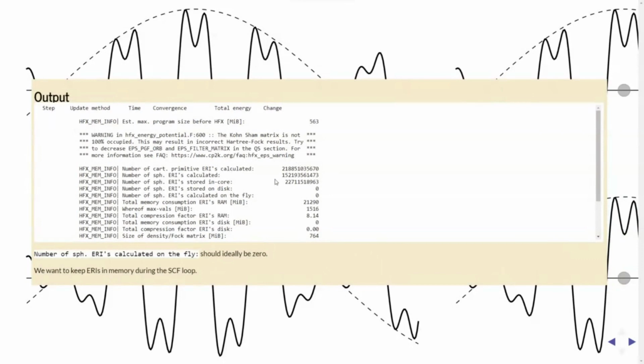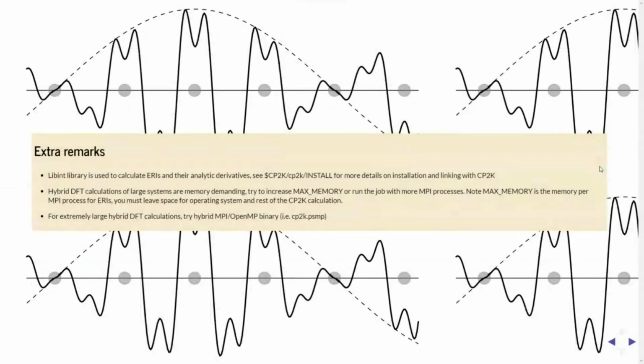If you can store them in RAM, then you can access them much more quickly than you can calculate them, at least until we get a proper GPU version. So if you can get them all in memory, you should find that the first SCF step, when you calculate all these integrals for given positions of the atoms, is quite expensive, but each of the subsequent steps is not really very different.